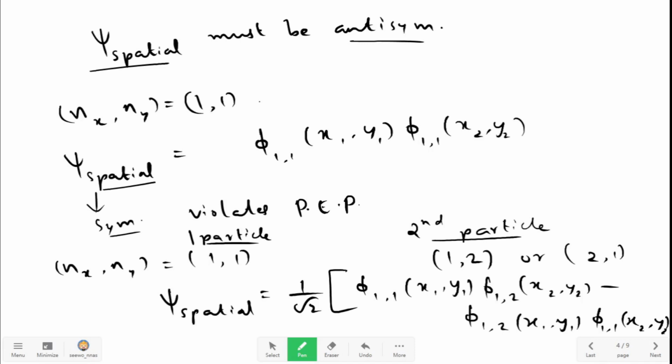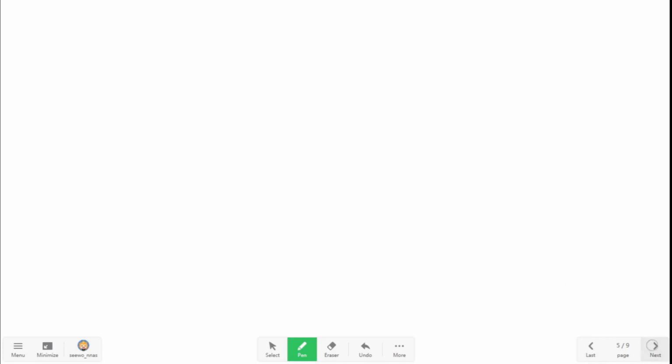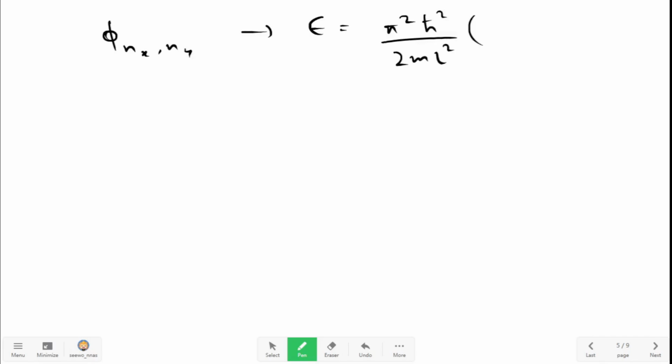So this state is antisymmetric now. And what will be the energy of this state? The energy of the state phi nx ny is E equal to pi square h bar square divided by 2m L square, where L is the length of the side of the 2D potential well, times nx square plus ny square.